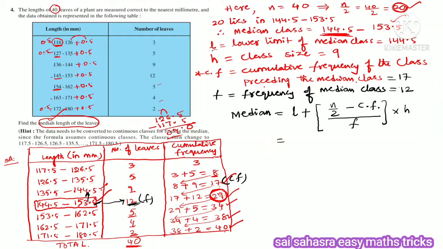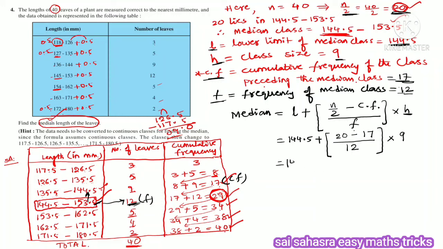L value is 144.5. So 144.5 plus, in bracket, n by 2. n by 2 is 20, we got here. That is 20 minus CF value. CF value is 17, divided by F. F value is 12, into H. H value is 9.